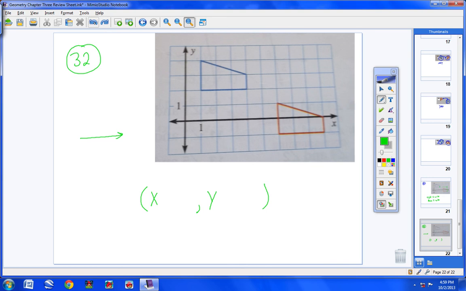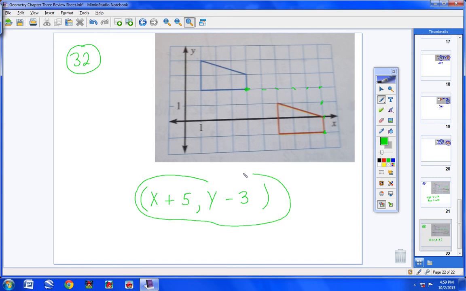So, we know we went from here to here. We already saw that we went over 5 units, okay? Now, did I go to the right or to the left? Well, we start with the blue and we go to the red. So, it would be 5 units to the right. So, X plus 5. Then from this point here, we went down 3 units, 1, 2, 3. So it's y minus 3. Now, if you would have went up, you would say y plus 3.